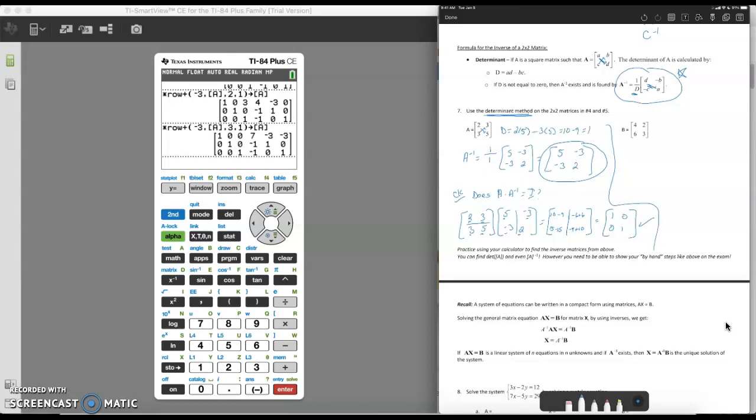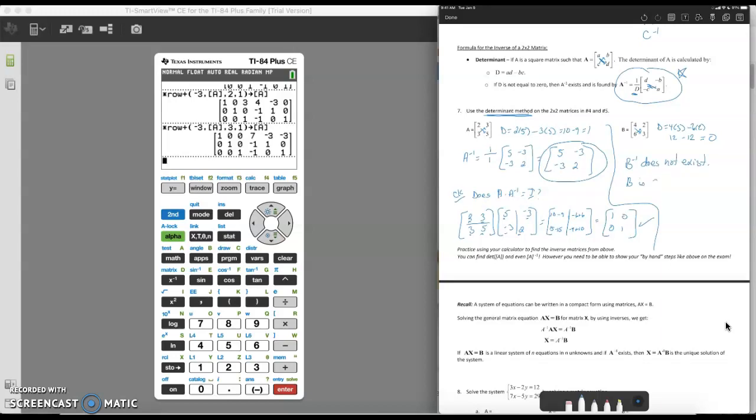Okay, let's try to find the inverse of matrix B here. So our determinant is 4 times 3 minus 6 times 2, but that is 12 minus 12, which is 0. So if you get a 0 determinant, you can just stop right there and say that the inverse does not exist.